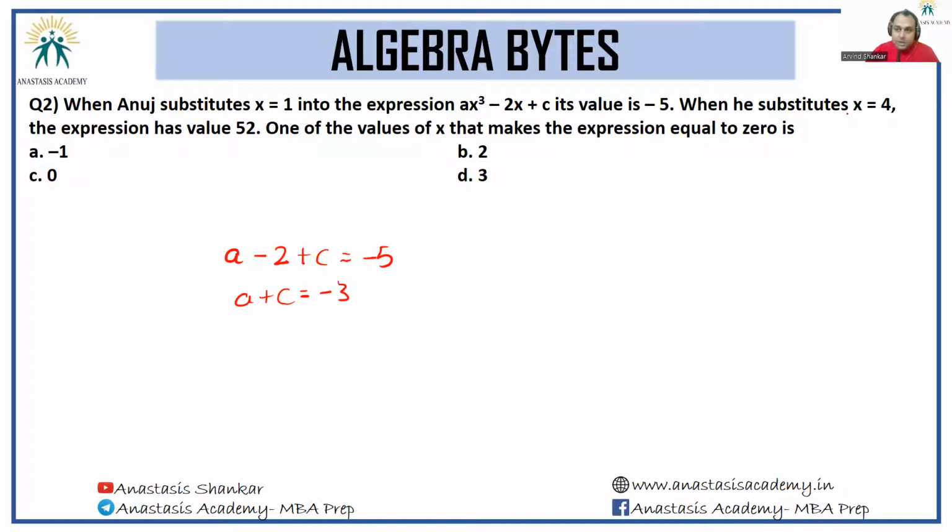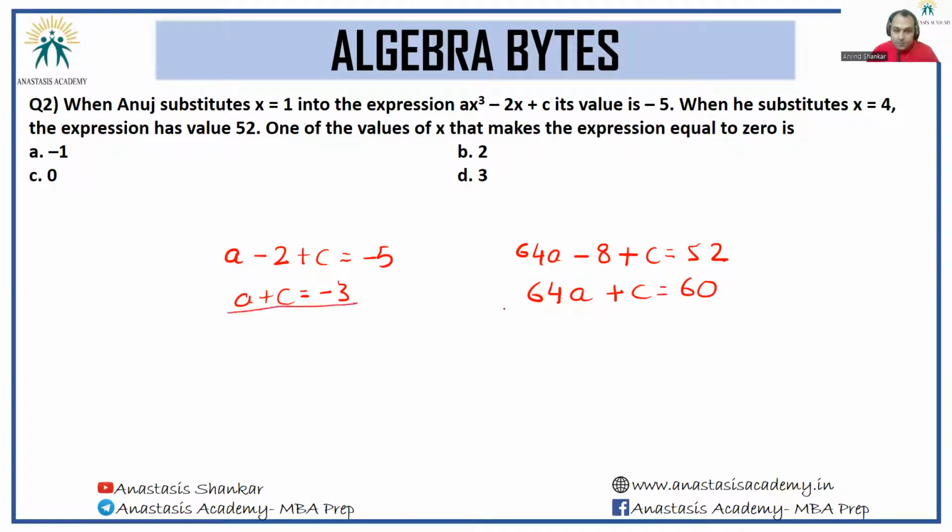When he substitutes x equal to 4, the expression has a value of 52. So 64a minus 8 plus c is equal to 52, or 64a plus c is equal to 60.